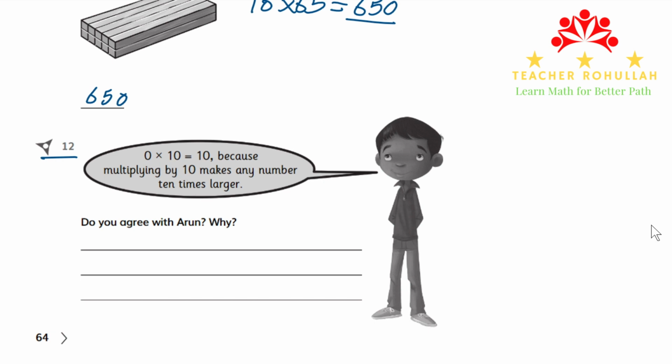Aaron says that any number multiplied by 10 becomes 10 times bigger. Even if we have 1 times 10 is 10, it becomes 10 because we have a number. But 0 is nothing. Even if you have 10 times, 20 times, or whatsoever, nothing is nothing.